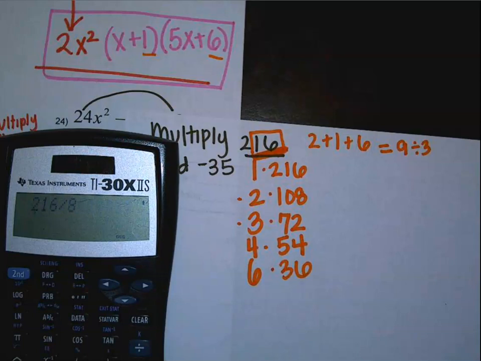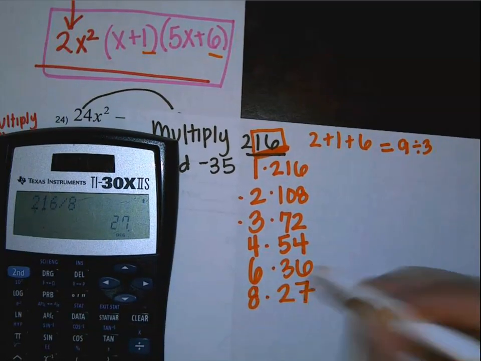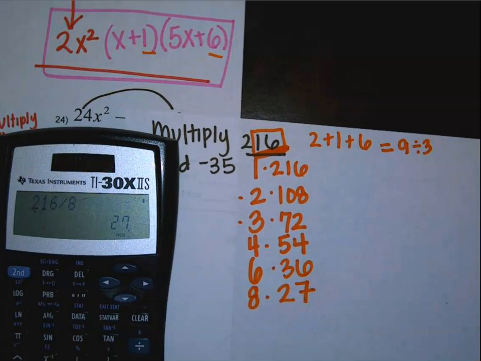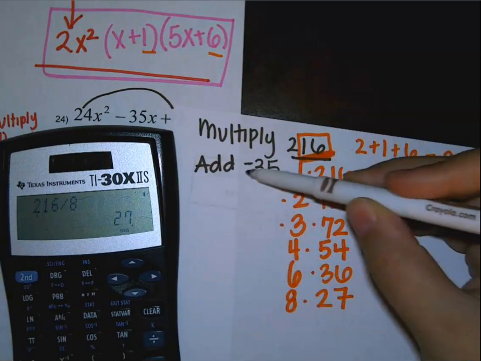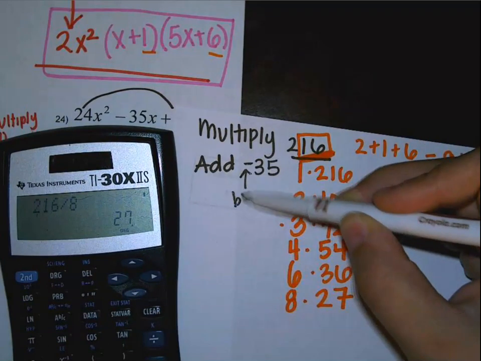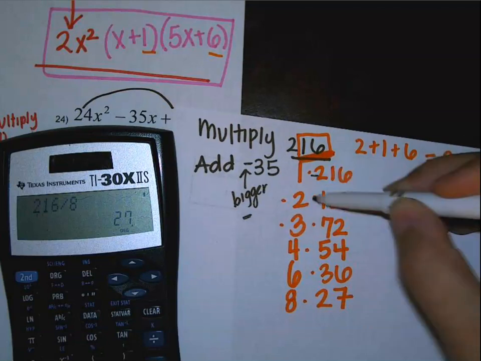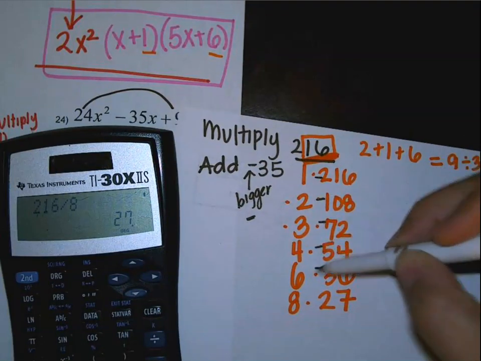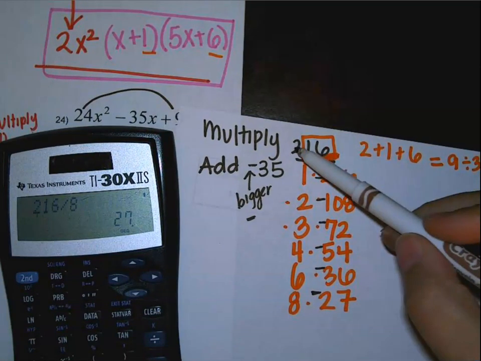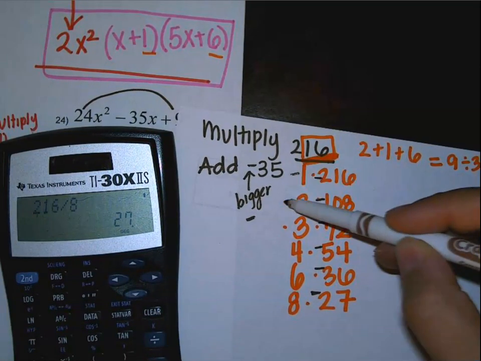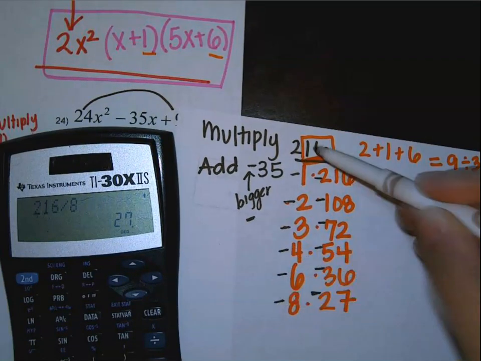8, yep, 8 times 27. And I have a lot of numbers there. So let's see if any of those work before I see if there's other ones. So it has to multiply to a positive, and add to a negative, so I know the bigger number is negative. So all these are negative because it's bigger than the other number. And that's how I know that they're both negatives, because a negative times negative is a positive.